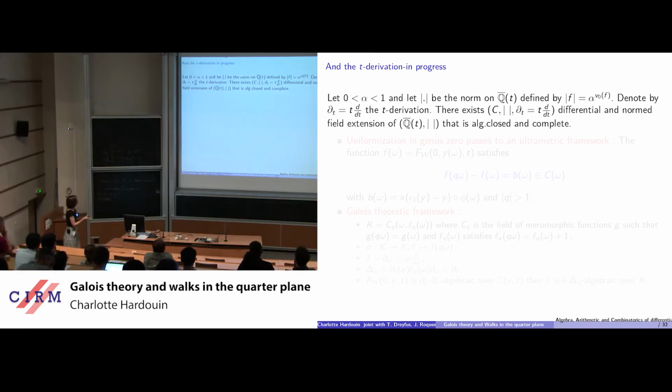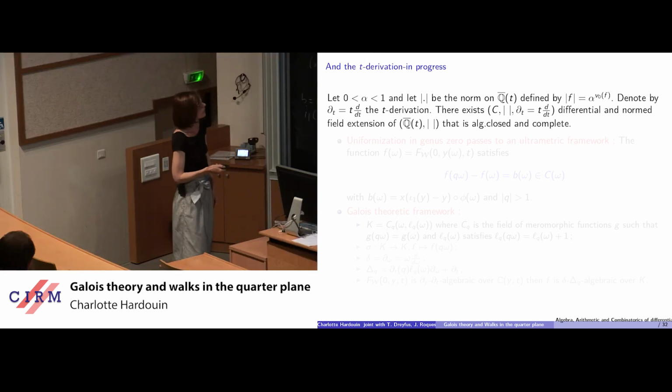So now I will pass to an ultrametric setting, and I will define a norm on Q bar of t by looking at the valuation at 0. And I consider this derivation, and you can easily show that you can find an algebraically closed field that is complete with respect to some extension of the norm and also has a t derivation.